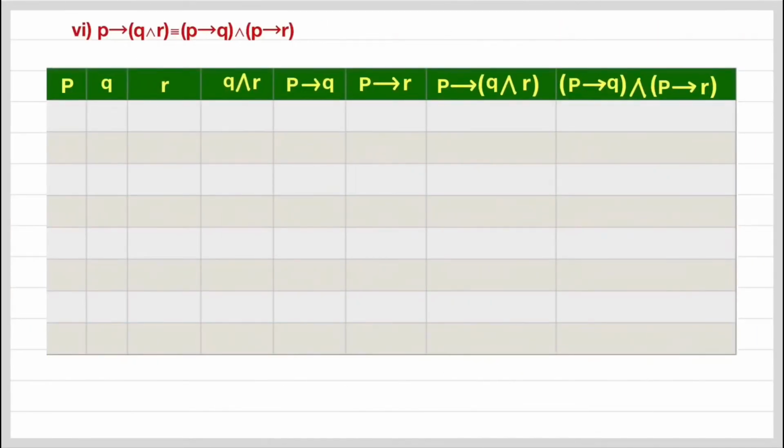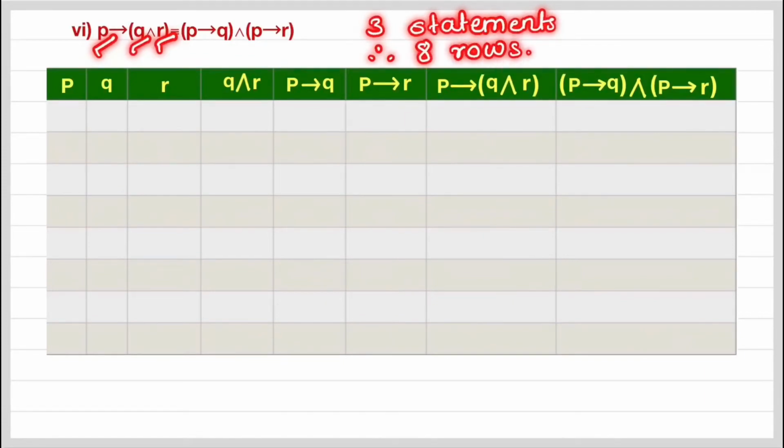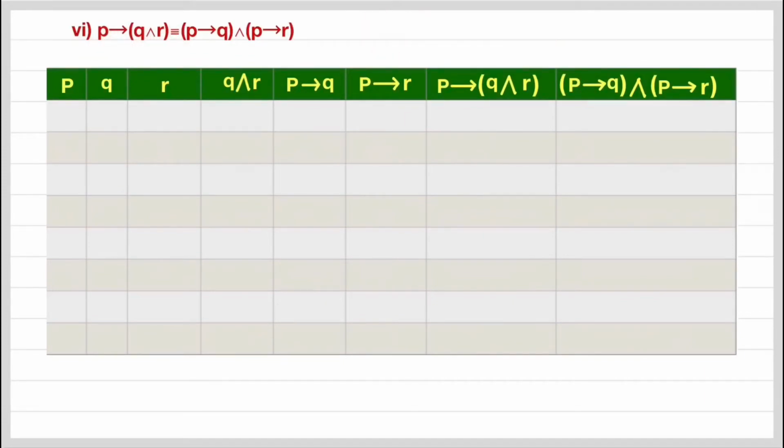Next example, the sixth example. P implies Q and R is equivalent to P implies Q and P implies R. Here there are three statements, that means 2 raised to 3 is 8 rows.